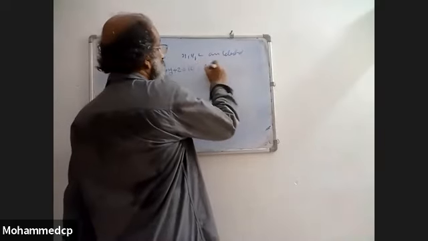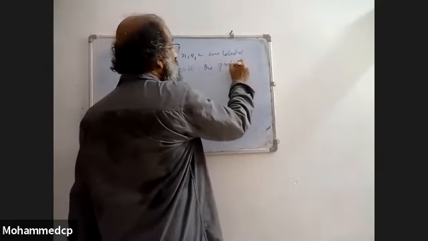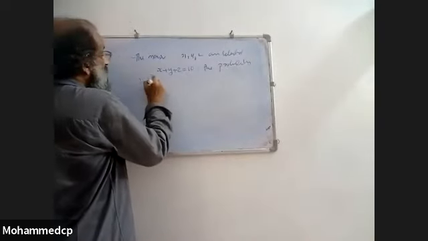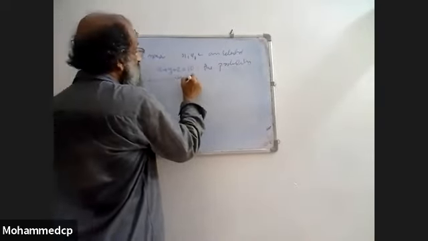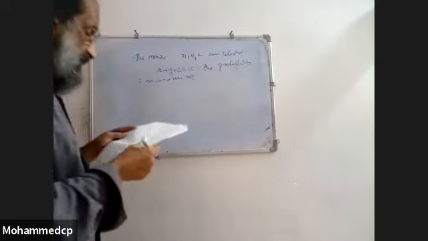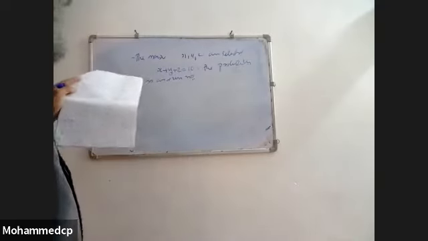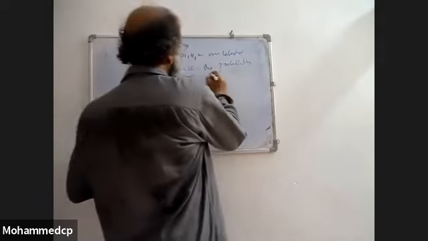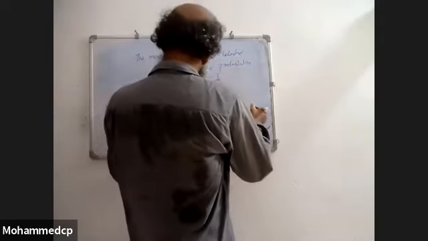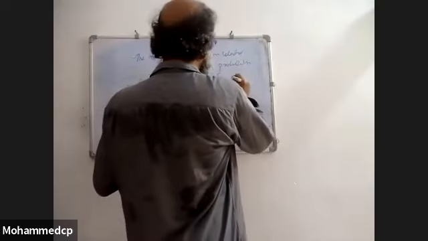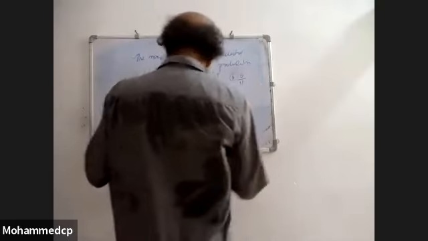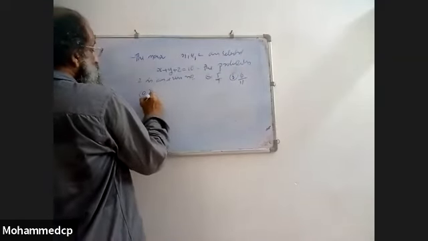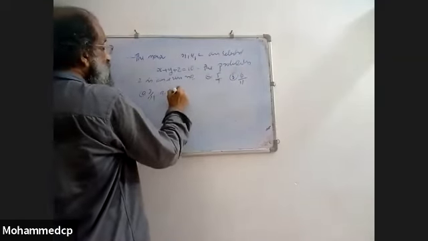Then the probability that z is an even number is: option A, 5 by 9; option B, 6 by 11; option C, 7 by 11; option D, none of these.